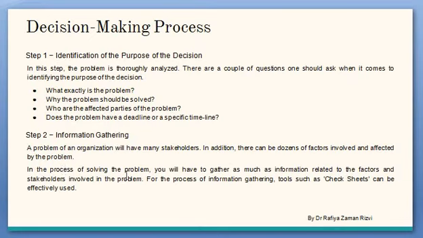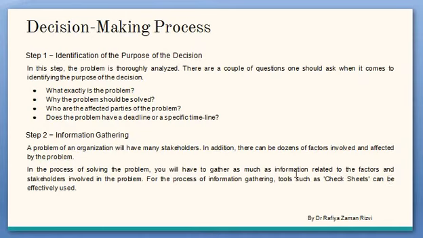In the process of solving the problem, you will have to gather as much information related to the factors and stakeholders involved in the problem. Stakeholders and factors means the things and people that are causing that problem, or that will be affected by the problem. For the purpose of information gathering, tools such as check sheets can be effectively used.